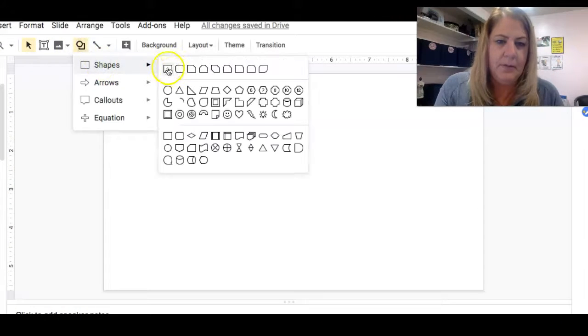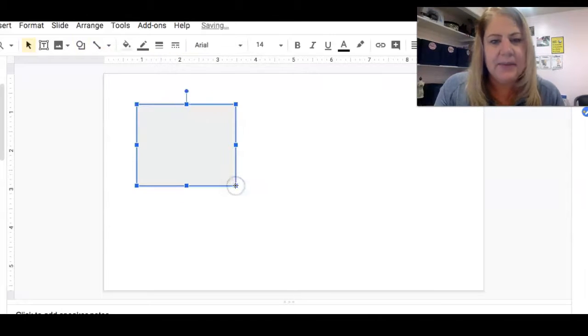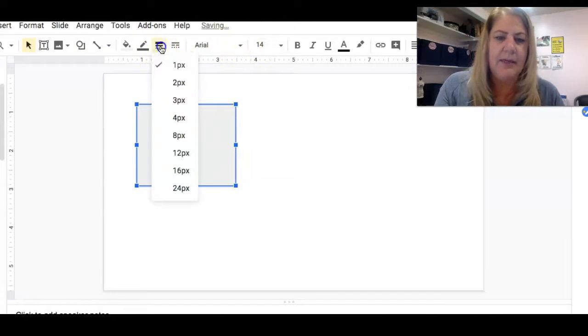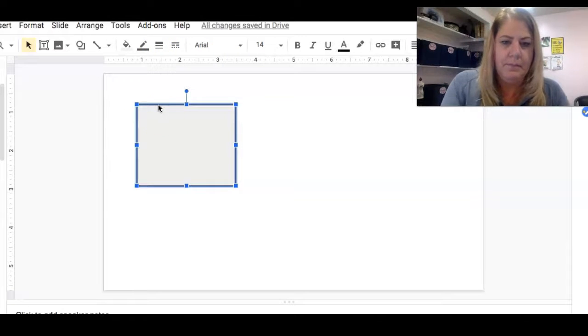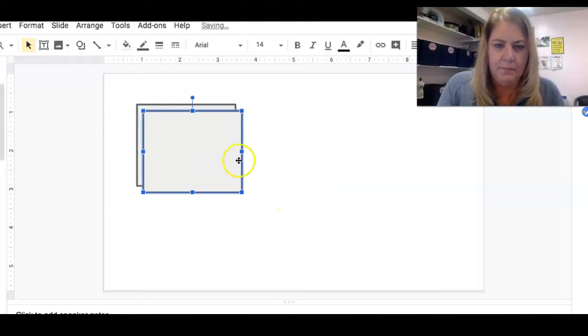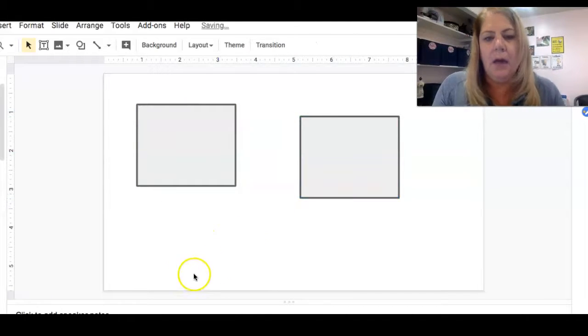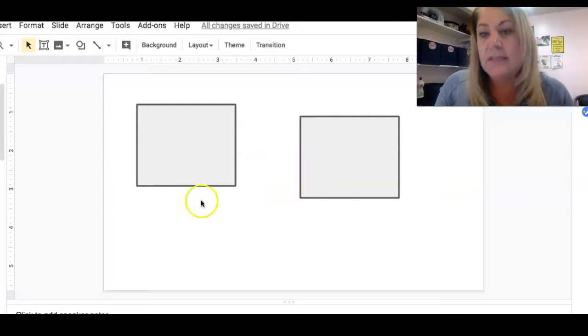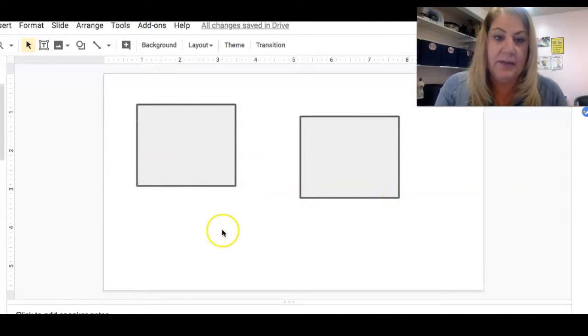Okay, I'm going to put 2 squares in. I want them to be the same size because they are the same size, right? So I have 2 pieces of paper. So each one of these represents a piece of the construction paper, okay? And one is for the boys and one is for the girls. They each get the same size construction paper.